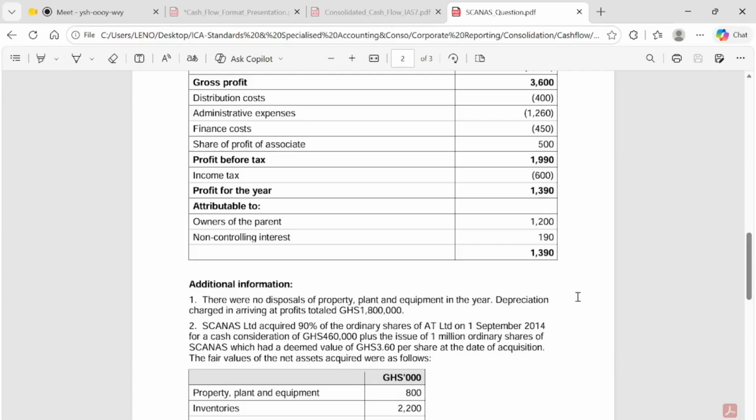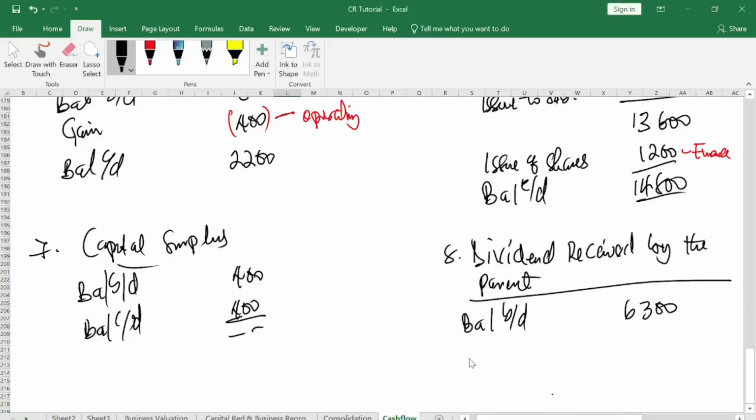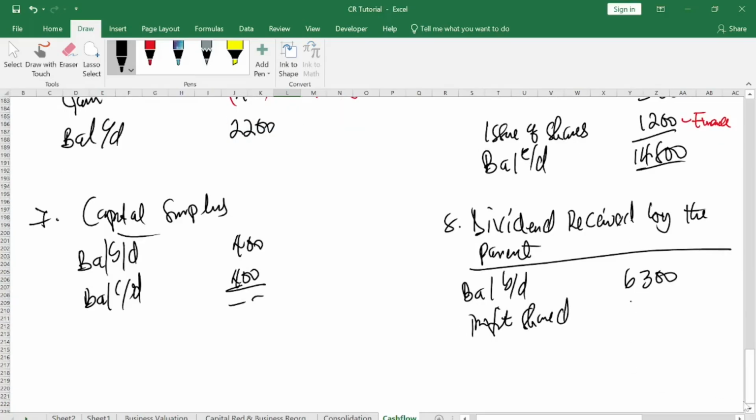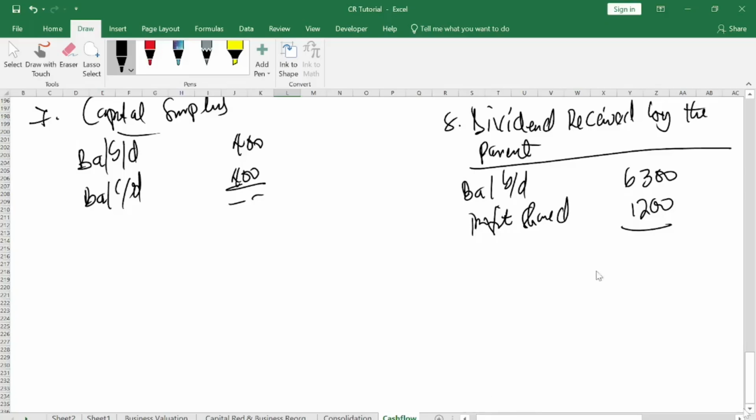When they share the profit, that's what the parents receive. So you say profit attributable to, or profit shared. You add it, what do you have? 7,500. Then you close it.